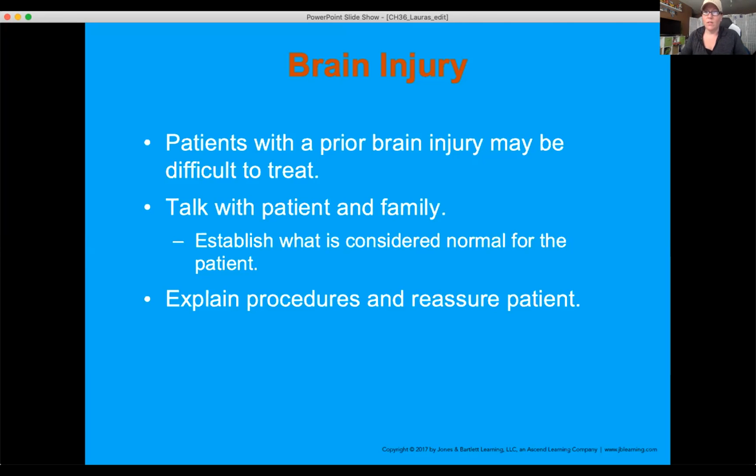Making sure that you're careful to document those things. Because remember, if we don't have somebody to tell us what an established normal is for this patient, we go under the alert and oriented x4 with a GCS of 15, all right?